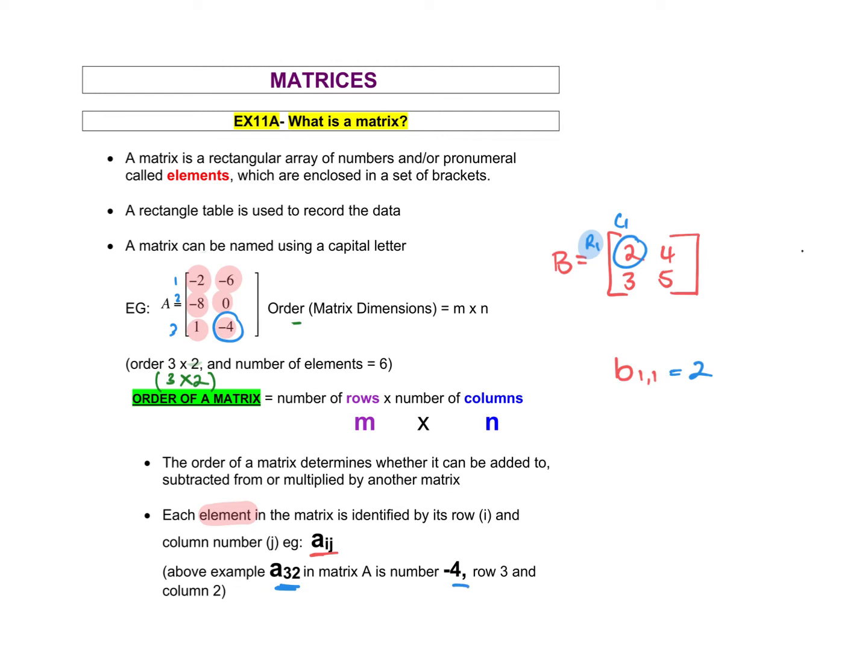What we have to be careful about is how they explain that. They call it A, and they say i and j. They use these letters i and j, and they'll say that i equals the row number and j equals the column number.